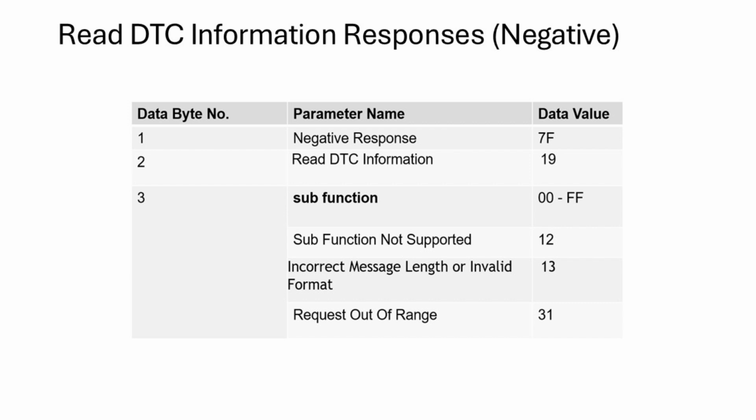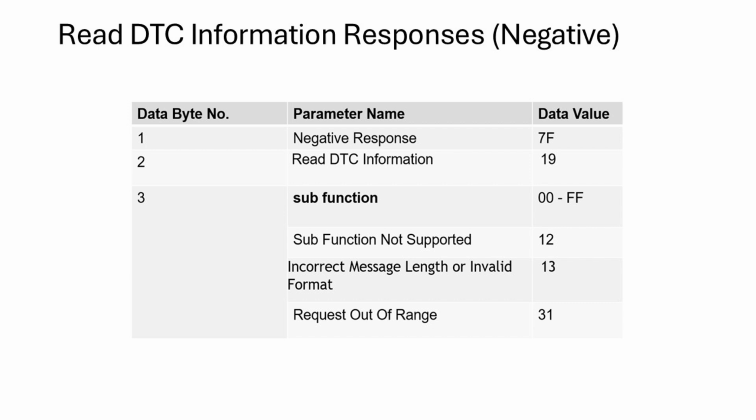So here also subfunction not supported 12, and incorrect message length or invalid format 13, and request out of range 31. As you know, if you are requesting with a not supported subfunction, for example 0203 is supported, except that if you are giving another, then you can see subfunction not supported.